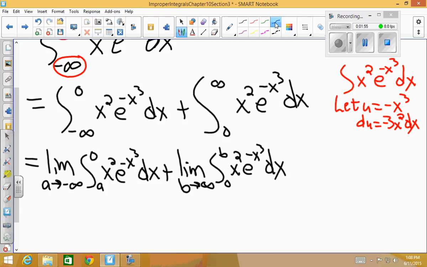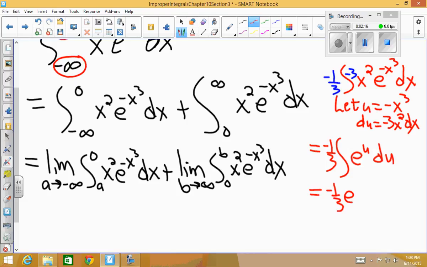So we multiply on the inside of the integral by negative 3 and divide by negative 3 on the outside, or multiply by negative 1/3, however you want to characterize that. Negative 1/3 the integral e to the u du, which is of course negative 1/3 e to the u plus c, and u is equal to negative x cubed.